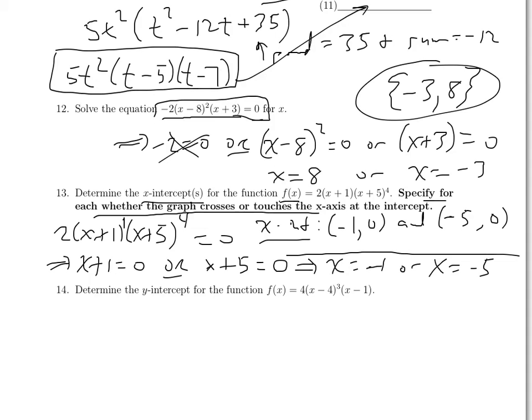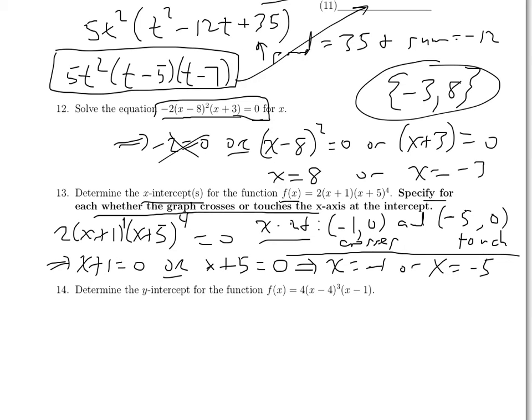The x plus 1 occurred to an odd power, and so at this intercept, the graph crosses the x-axis. By contrast, the x plus 5 here is to an even power. And so if you have a factor raised to an even power, then at that x-intercept, the graph is only going to touch the x-axis.